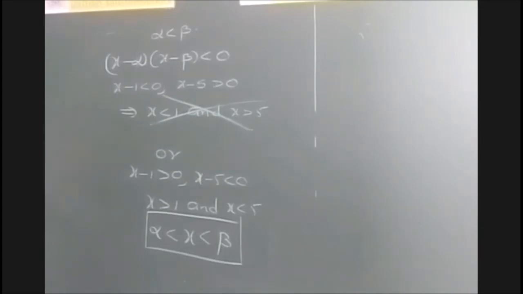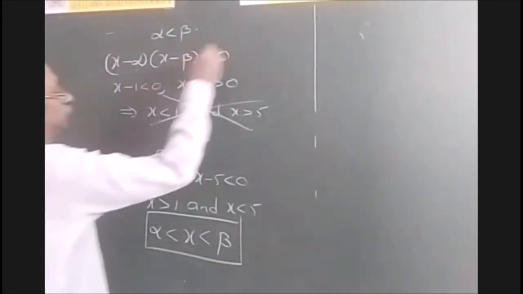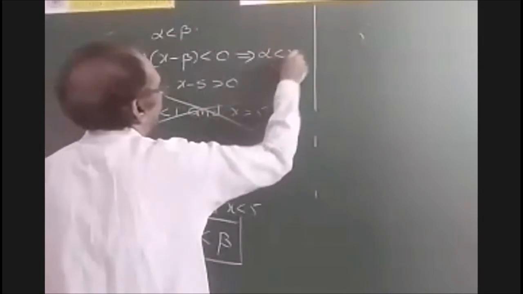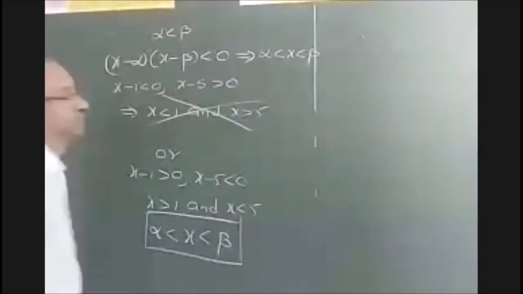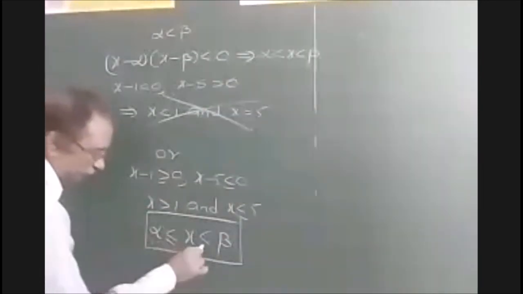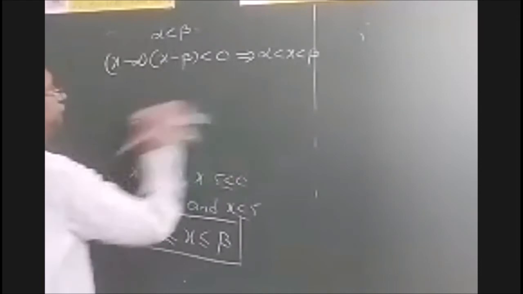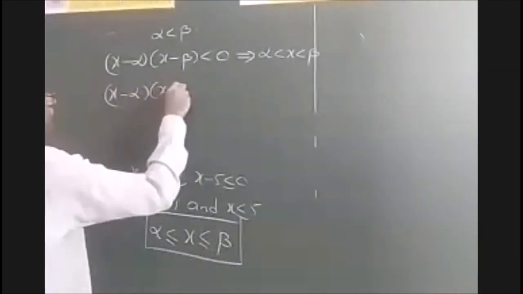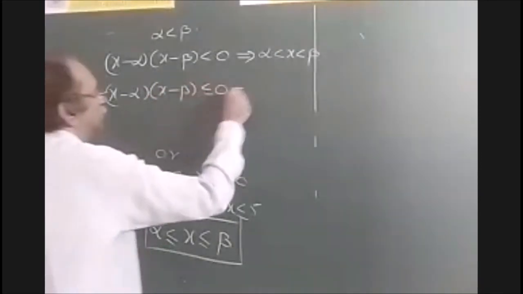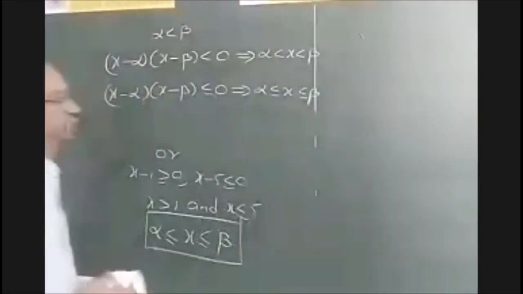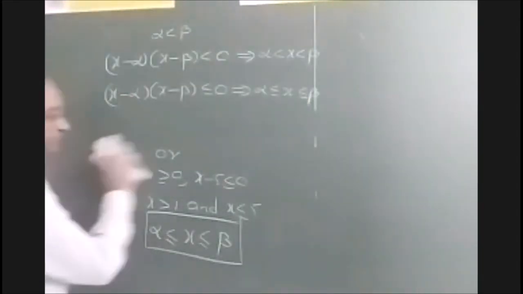So everybody note it down: (x minus alpha) into (x minus beta) less than 0 means alpha less than x less than beta. If there is equality, you will get equality also. So (x minus alpha) into (x minus beta) less than or equal to 0 means alpha less than or equal to x less than or equal to beta. So that is one type of inequality.